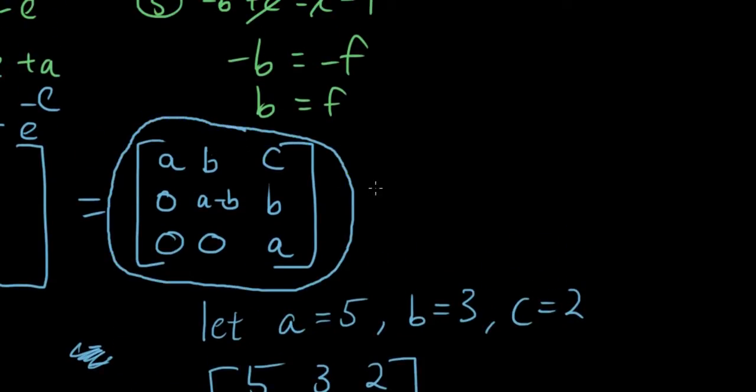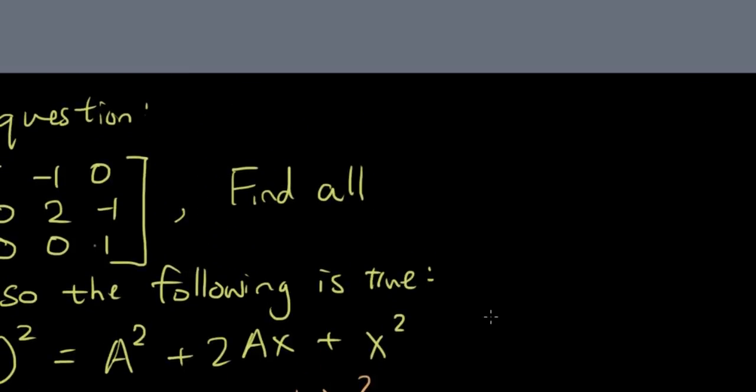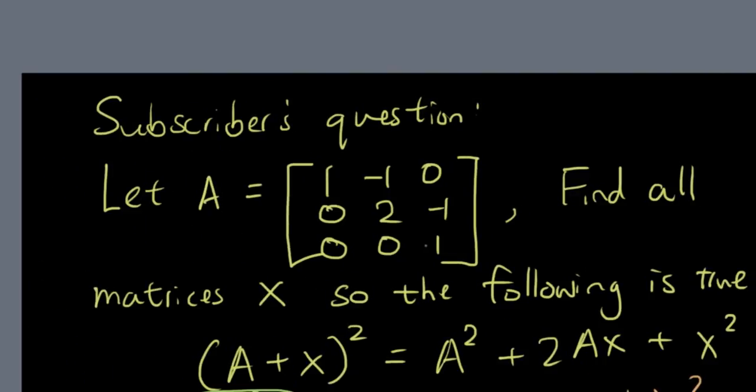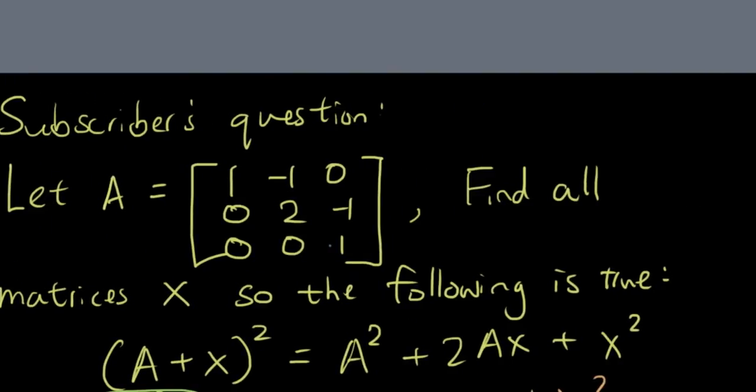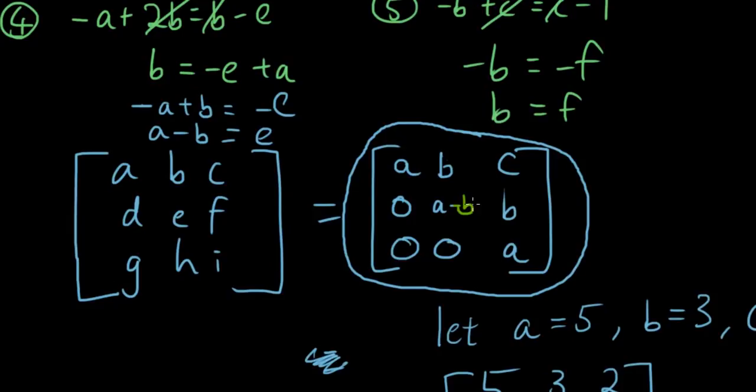Okay, this is the final answer, matrix X. So the question was, find all matrices X so the following is true. So therefore, my answer is over here. Right, this is matrix X.